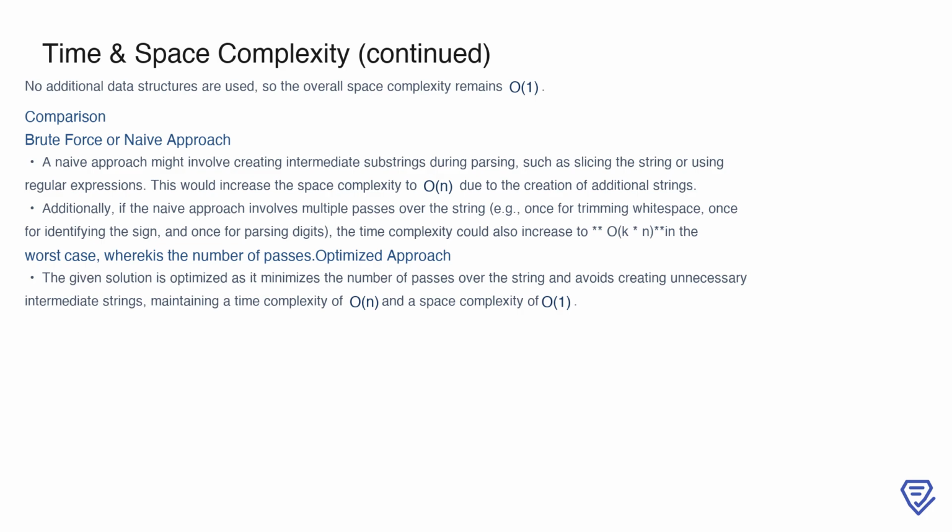Furthermore, if the naive approach processes the string in multiple passes, one for trimming whitespace, another for identifying the sign, and yet another for parsing digits, the time complexity might increase to O(k * n), where k is the number of passes. In contrast, our optimized approach minimizes the number of passes over the string and avoids creating unnecessary intermediate strings. This ensures that the time complexity stays at O(n), and the space complexity remains at O(1).